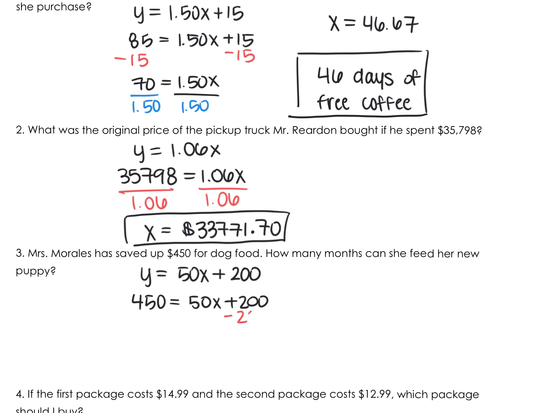My first step is going to be to subtract 200. So we have 250 equals 50x. Then we'll divide both sides by 50. And we get that x is 5 months.